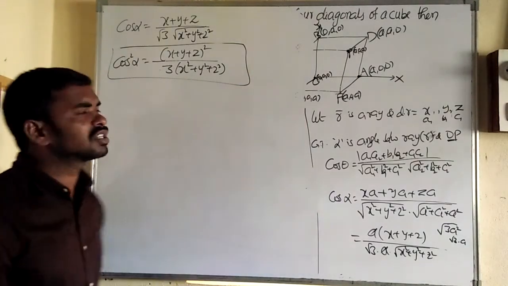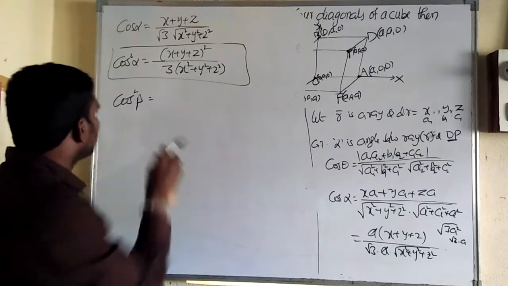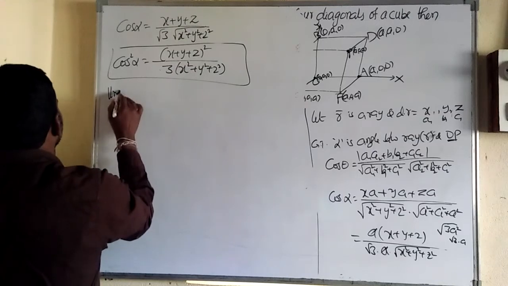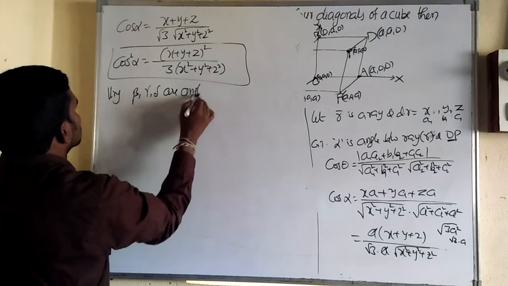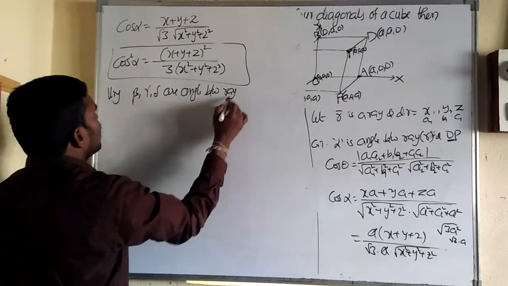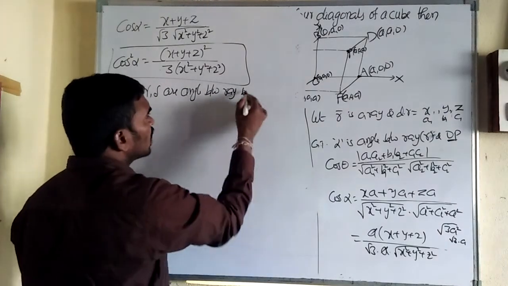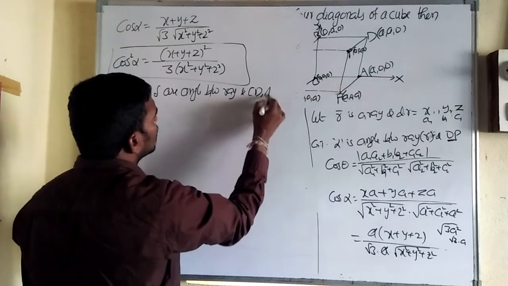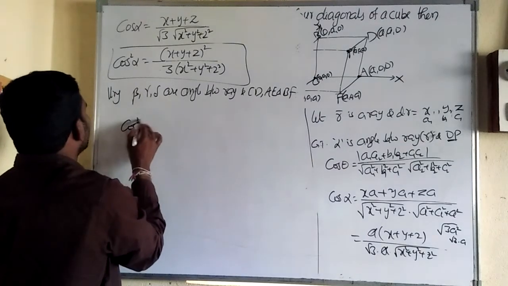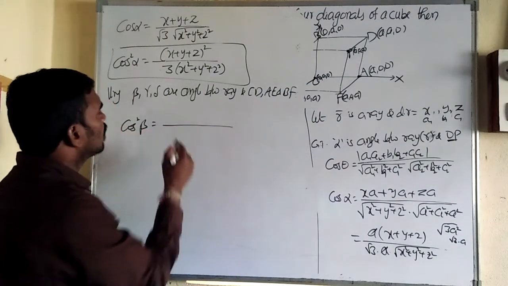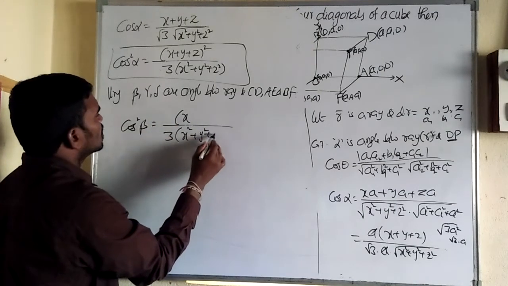So directly I'm writing: similarly, beta, gamma, delta are the angles between the ray and the diagonals CD, AE and BF respectively. Then cos square beta is equal to, directly I'm writing, in the denominator the same, x square + y square + z square.